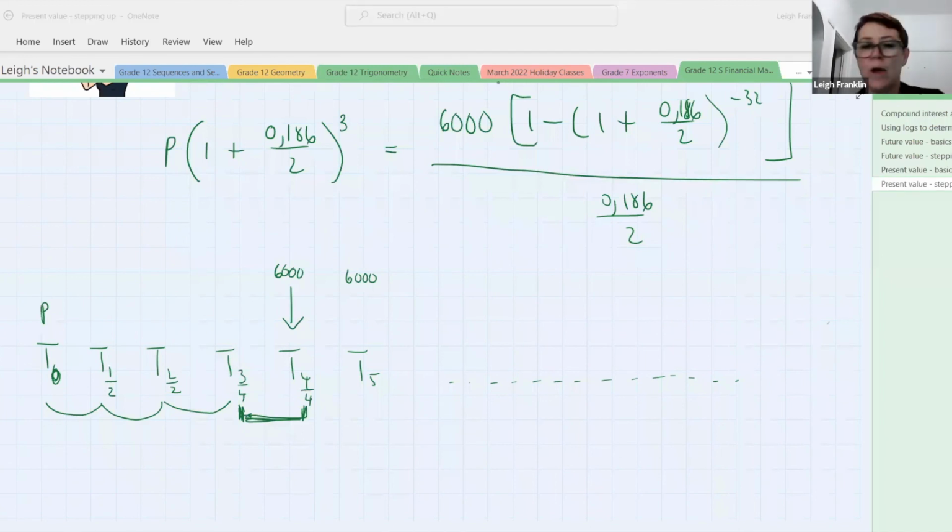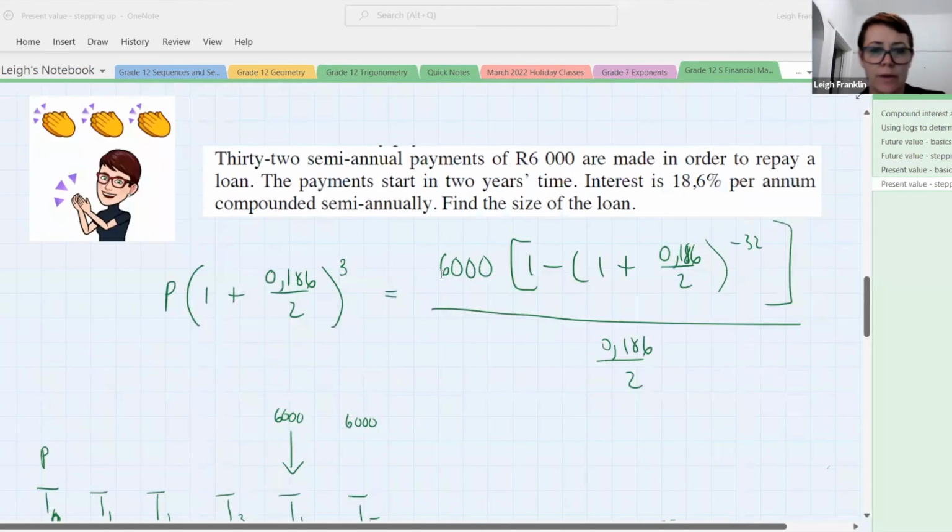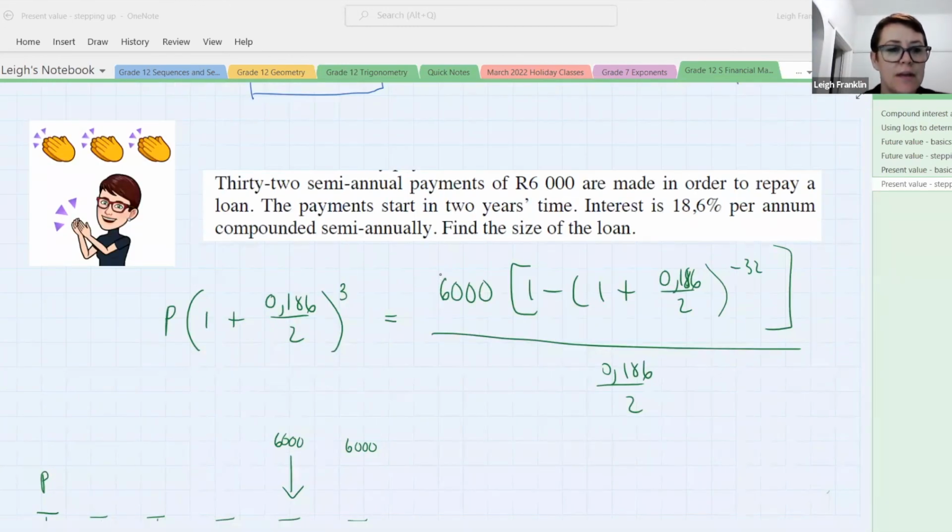Okay, so the trick with this question is because the interest is compounded semi-annually. Okay, so we're working in terms of half years. All right, so there would be 4 half years in 2 years. Remember, there has to be a gap of 1.5 year.